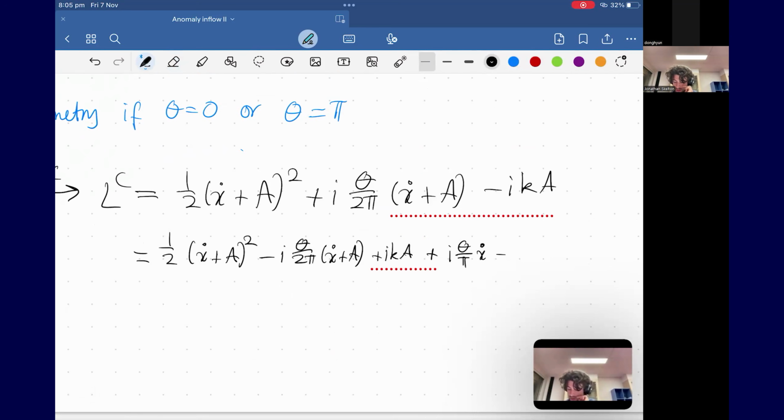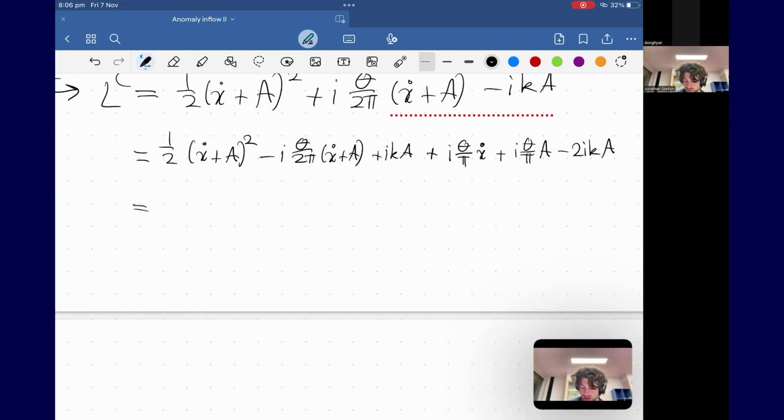And this is going to be plus i theta on pi a minus 2ik a.